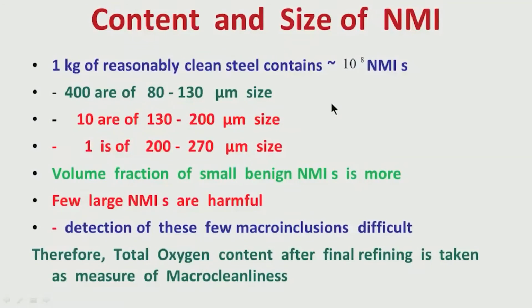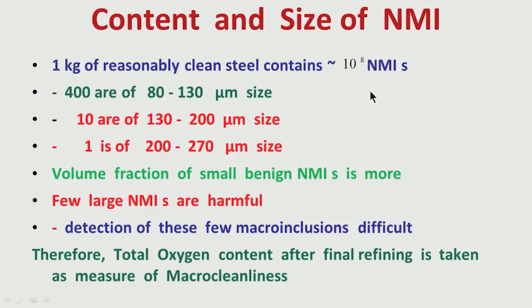Now, this is an important issue. I have told that no steel is free from inclusions. Now, in 1 kg of reasonably clean steel, can you imagine how many inclusions will be there? I have mentioned here 10 to the power 8. So many inclusions are present in 1 kg of reasonably clean steel. It is not a dirty steel I am talking about, but clean steel, reasonably clean steel.